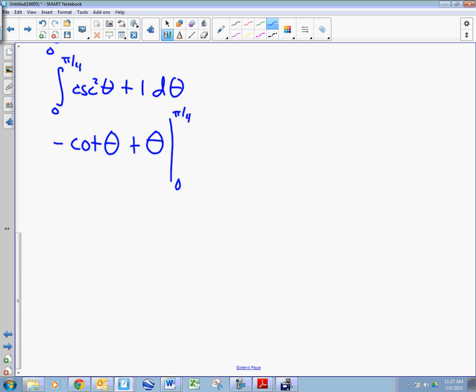So I don't have a cotangent button on my calculator, but I do have a tangent button. What's the tangent of pi over 4? 1. So the reciprocal of 1 is 1. You make it negative, so negative 1. Then we plug in 0. What's the tangent of 0? 0. So cotangent of 0 would be undefined.